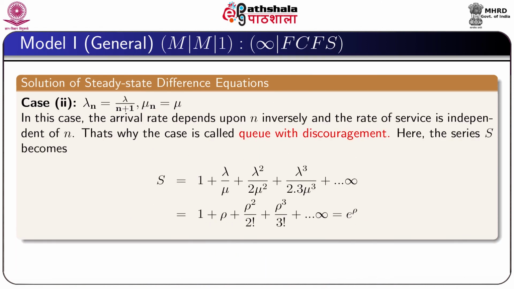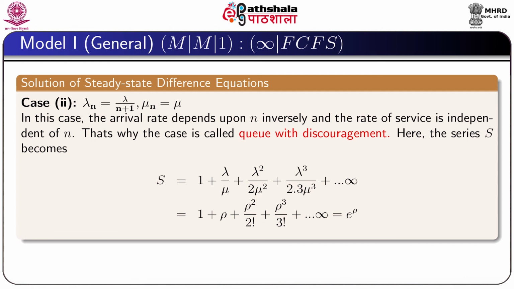Case 2. Here we consider lambda n as lambda by n plus 1 and mu n equal to mu, that is constant. In this case, the arrival rate depends on n inversely and the rate of service is independent of n.